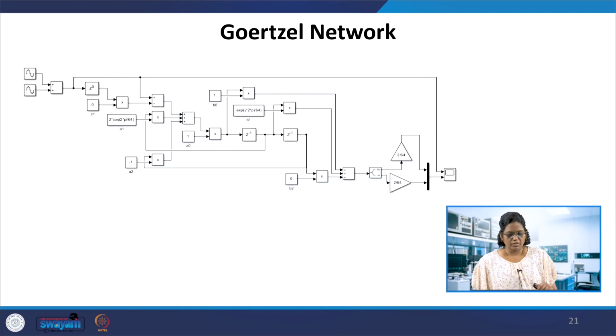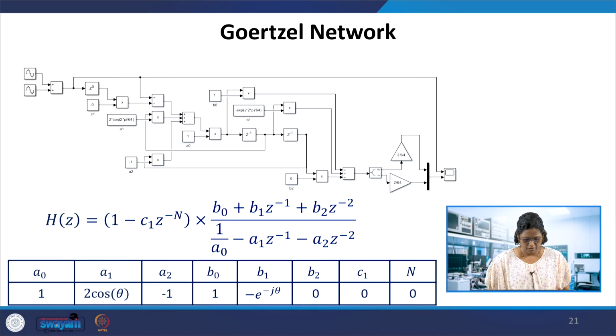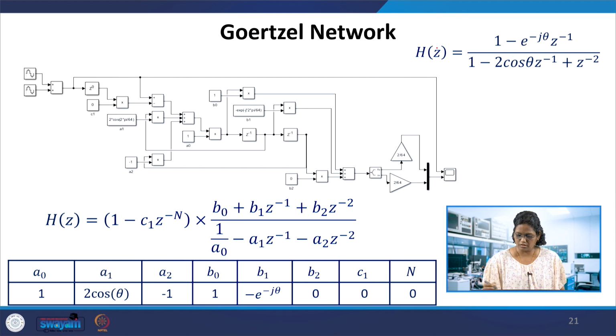Next comes the Goertzel network, in which we have the general transfer function, and then the coefficients, where H of z is from this transfer function. This part will not come into the picture; there is no zero filter structure in this, but we have the coefficients.